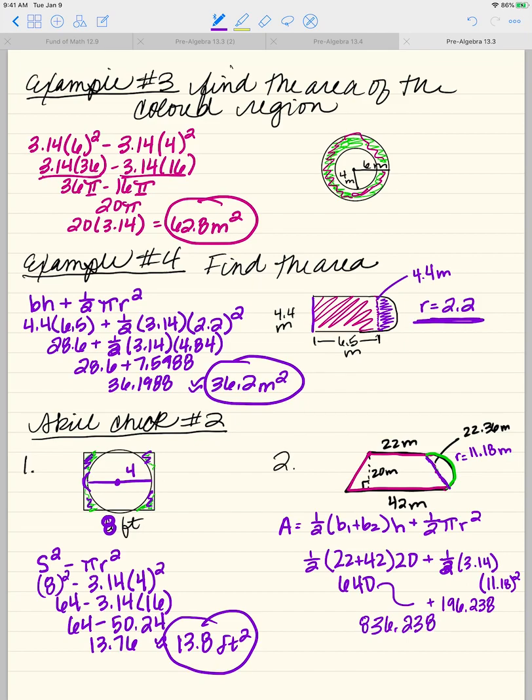We are going to round to the nearest whole number because that is what the instructions said specific to this problem. So we get 836 meters squared for that one. Again, for your problems, 3.14 for pi, round to the nearest tenth for all of them unless otherwise specified.